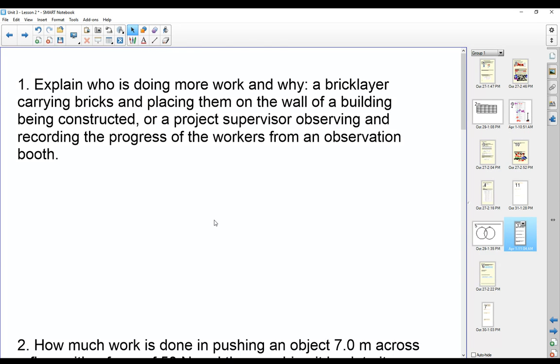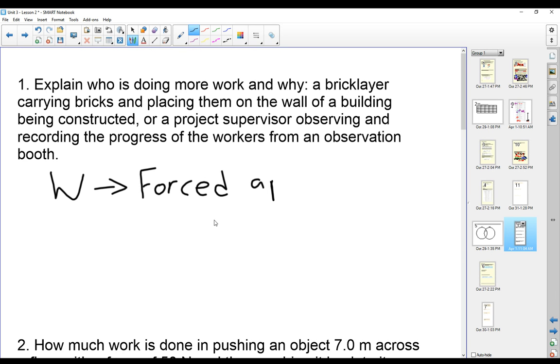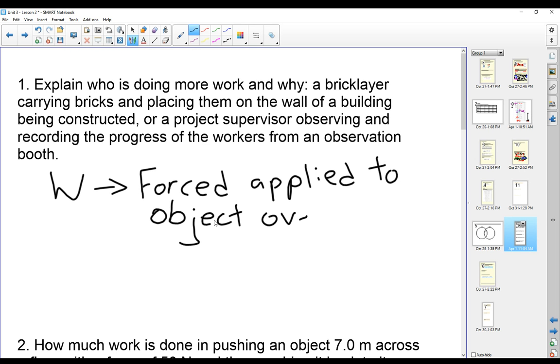All right, so we'll just put a definition briefly here. Work is force applied to object over distance.